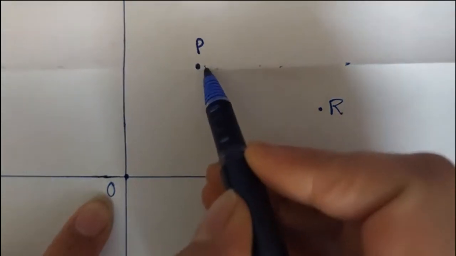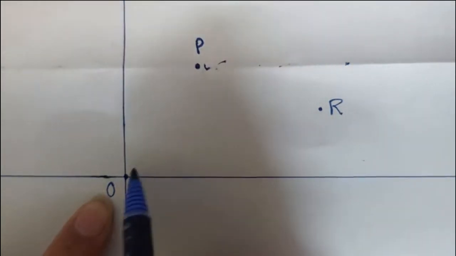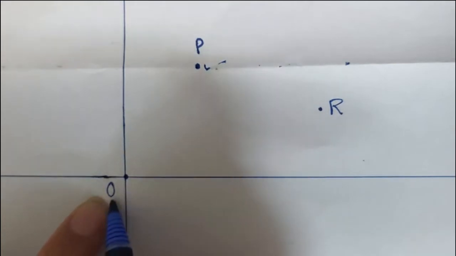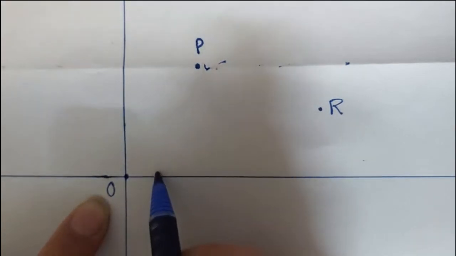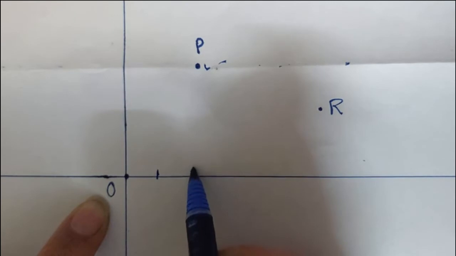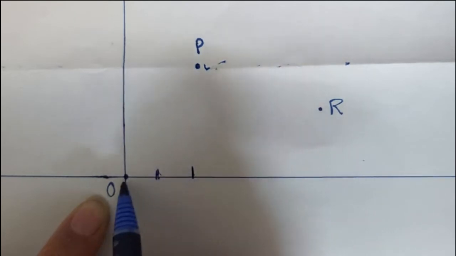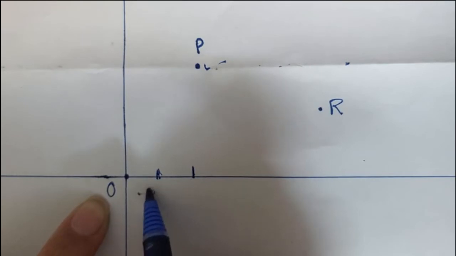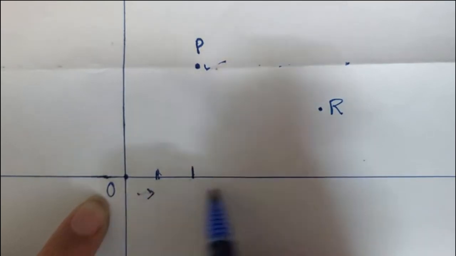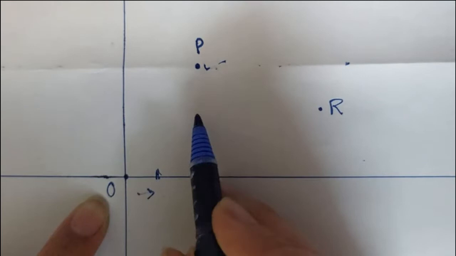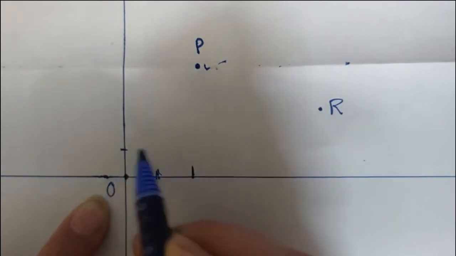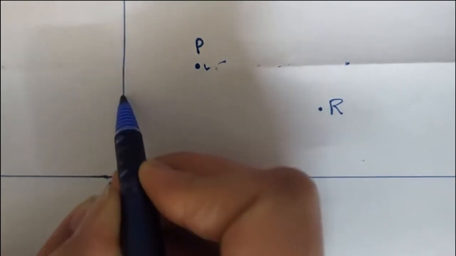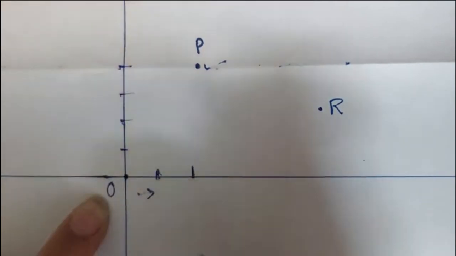Now to find out the position of P, we have a reference point, and we have to select our 1 unit. Suppose this is our 1 unit. So to reach P, you have to go 2 steps in the positive direction, that is the positive x-axis, then upwards. Suppose 1, 2, 3, and this is 4.